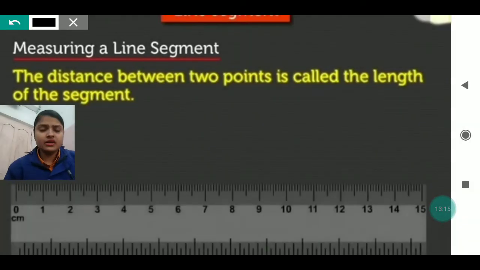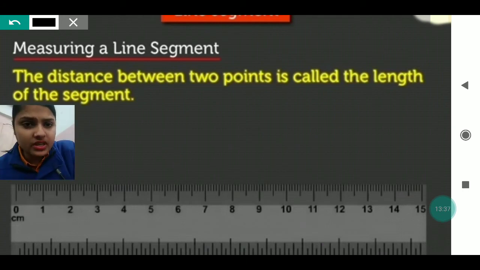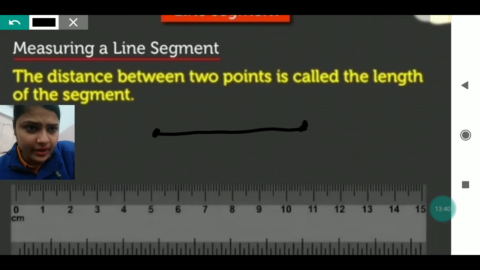You can see here the measuring scale which I have open right now on this slide. It is a scale of 15 centimeters, from 0 to 15. The distance between two points is called the length of the line segment. Suppose you are drawing one line from here to here, this is the starting point and this is the ending point.